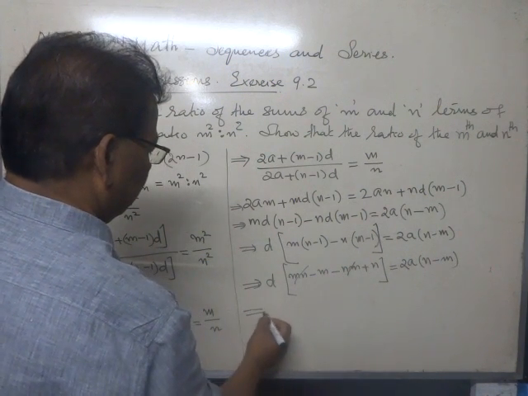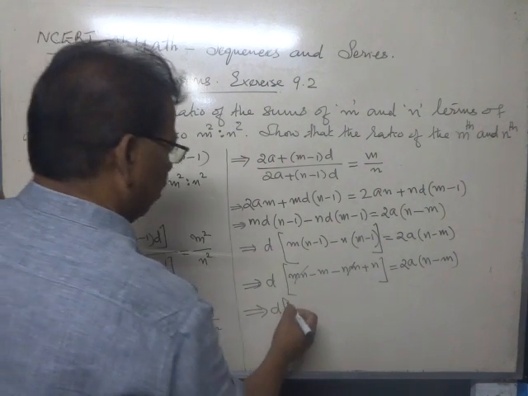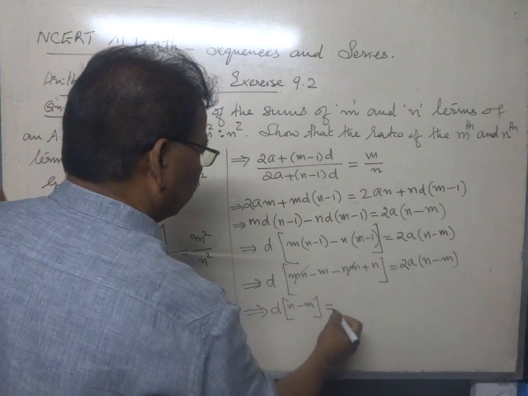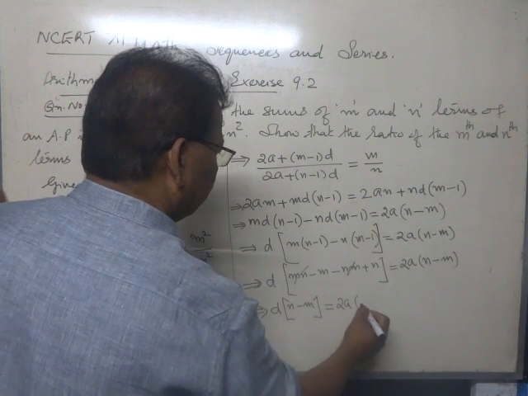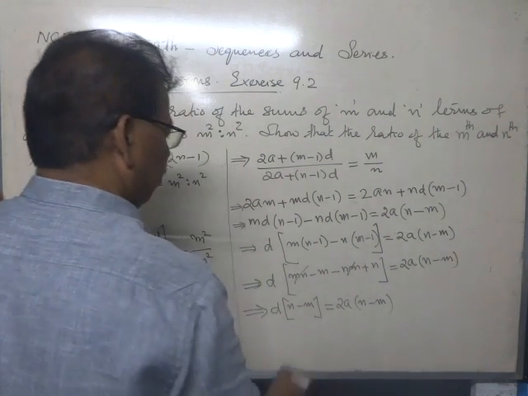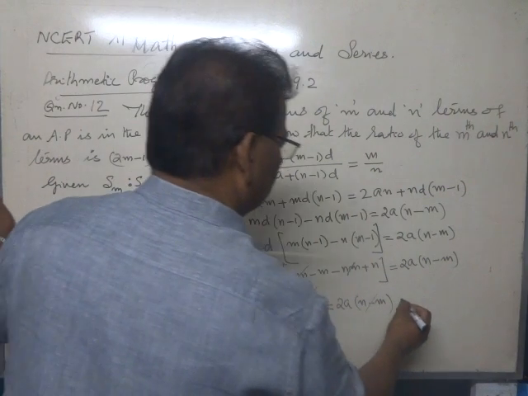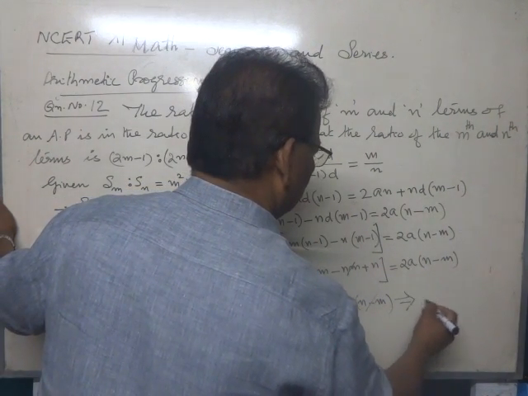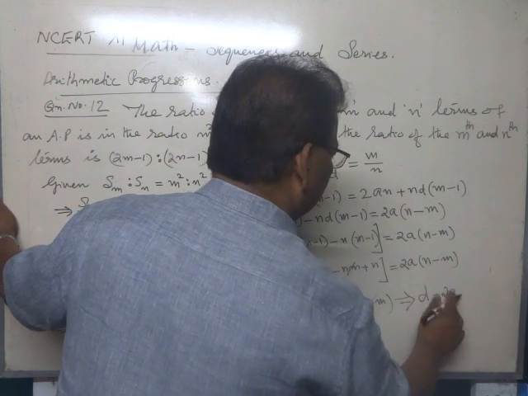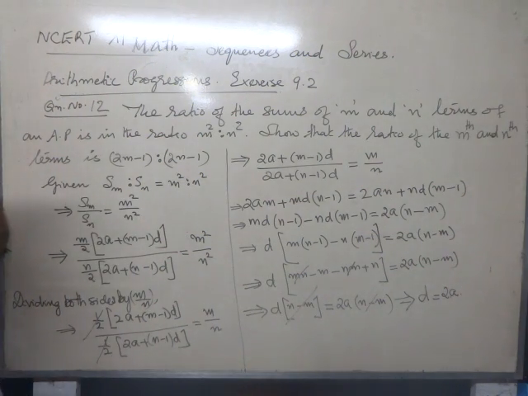That is to say, d into n minus m is equal to 2a into n minus m. Now d is equal to 2a.